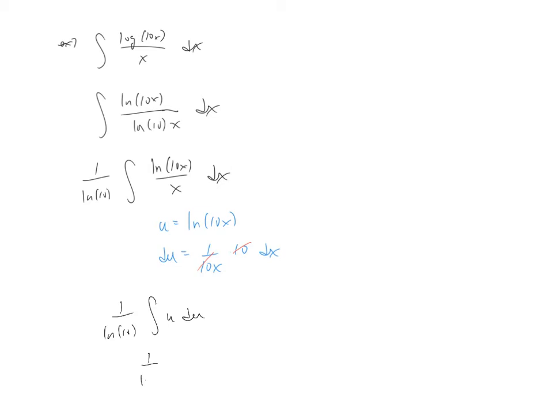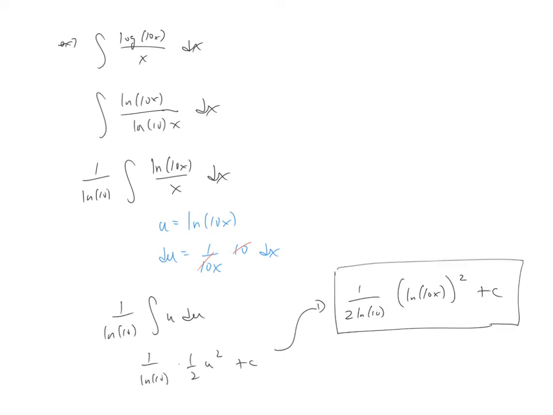So to integrate this, add 1 and divide, and then going back into x's, this would be 1 over 2 natural log of 10 times the natural log of 10x quantity squared plus c. So this would be an acceptable final answer for a problem like this.